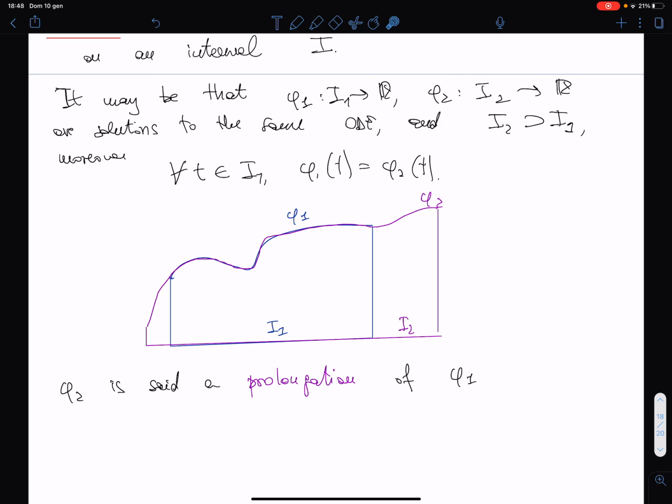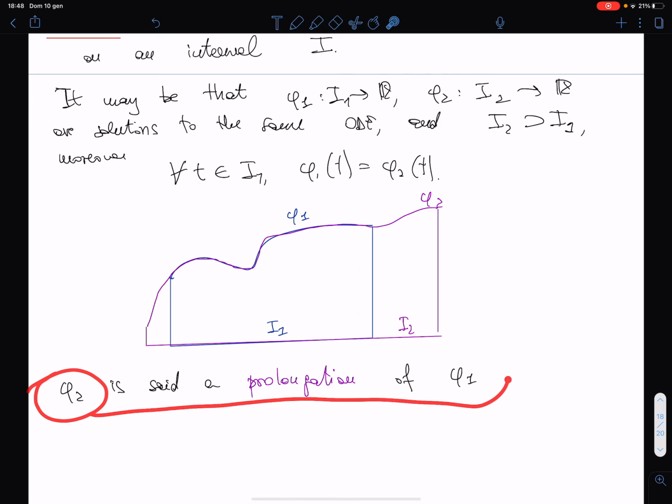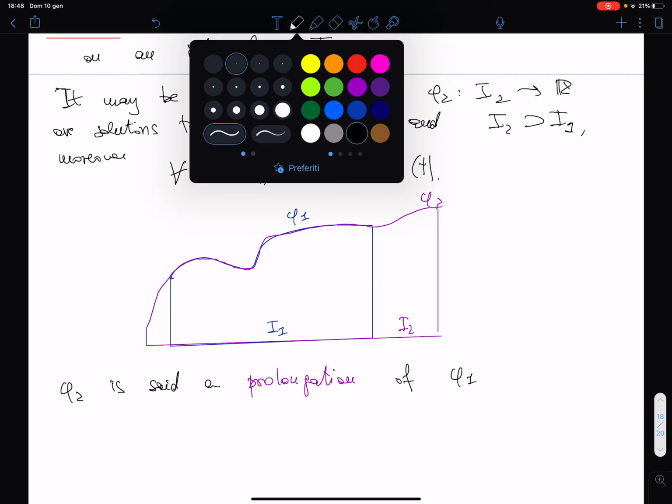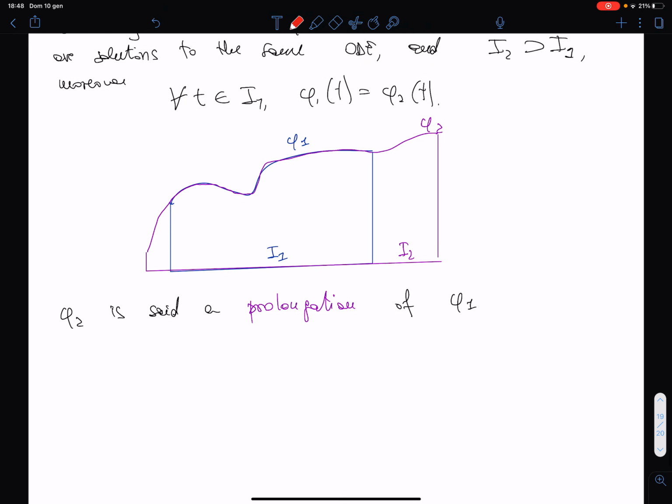So we are somewhat obliged to give this definition. Phi 2 is a prolongation. This may lead to some confusion, but there is an important result that I will not prove. Let me be a bit sloppy about the hypotheses; I just want to convey the idea.